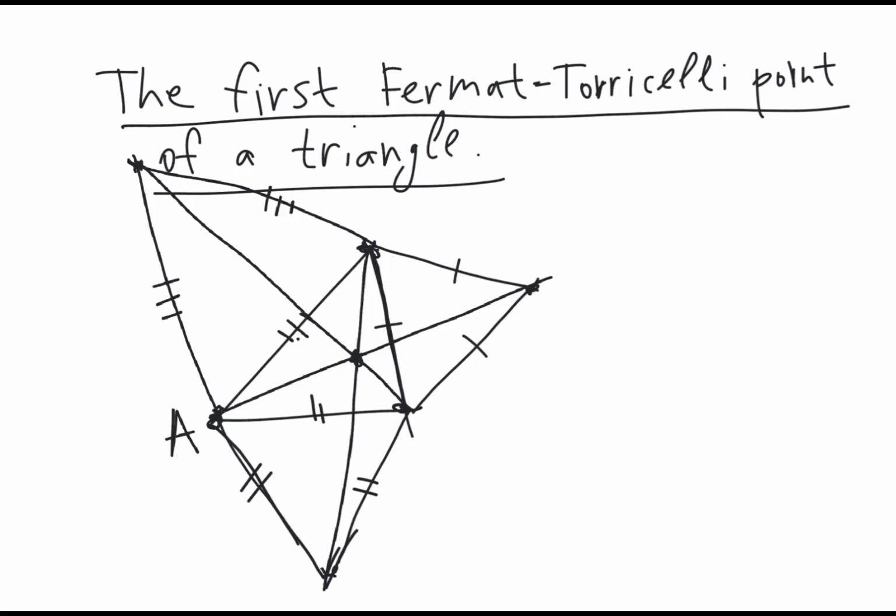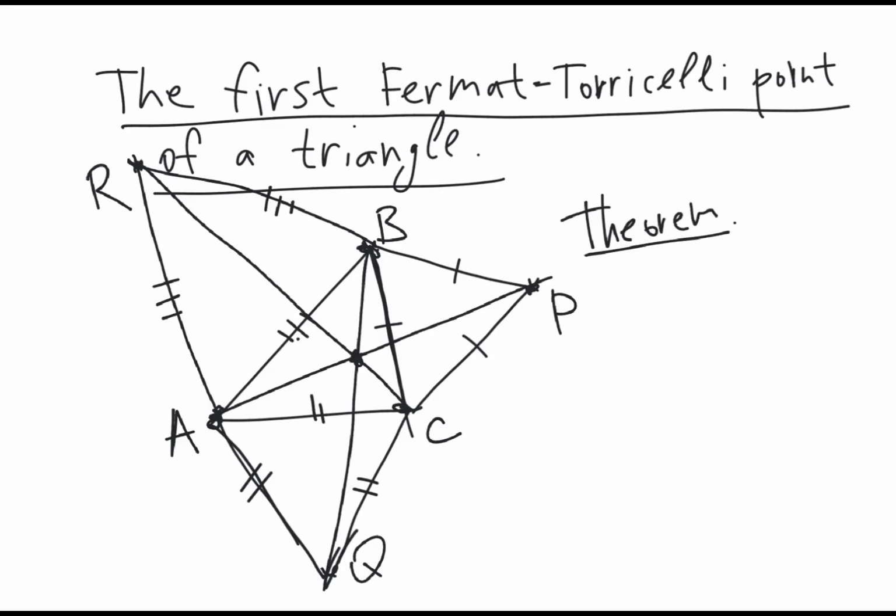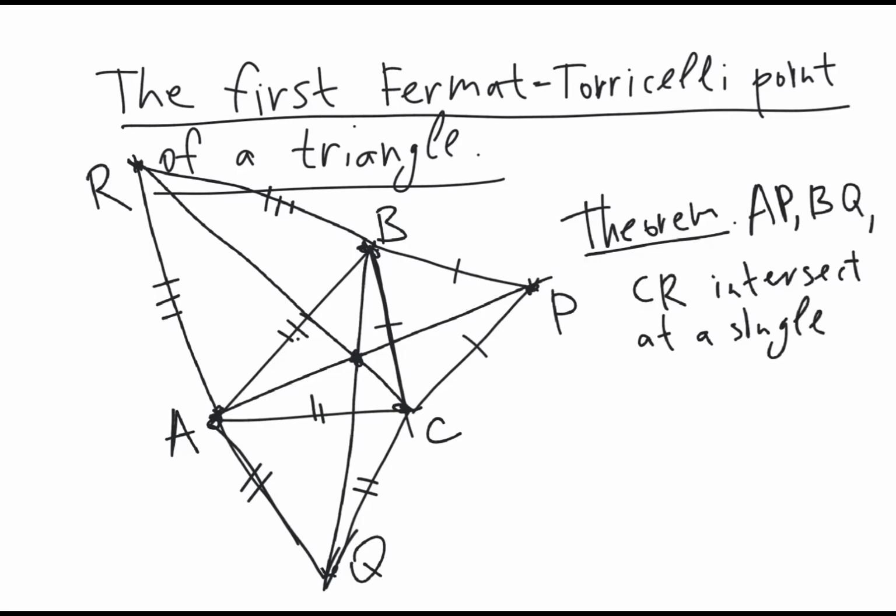So let's denote the vertices A, B, C. So let's denote these as P, Q, R, and the theorem says that the lines AP, BQ, and CR intersect at a single point.